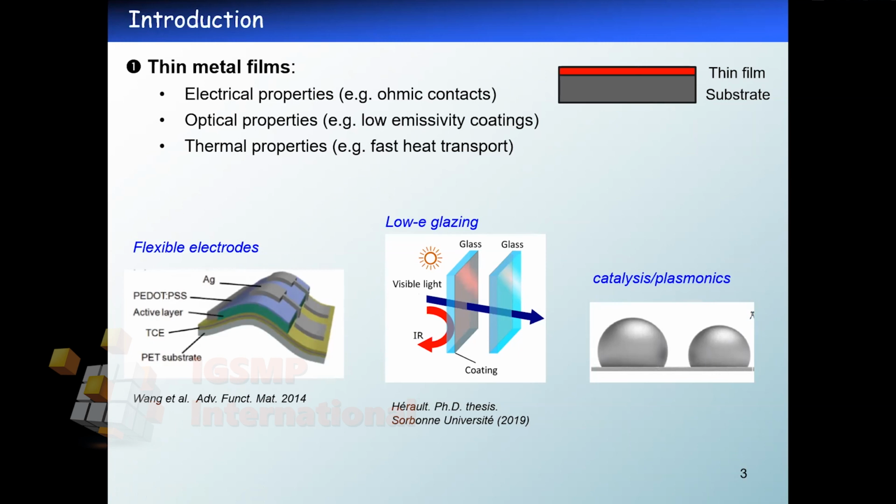These attributes are common to many metals. The last image I have shown here is related to the field of catalysis and plasmonics, where the formation of nanoparticles is particularly sought after.